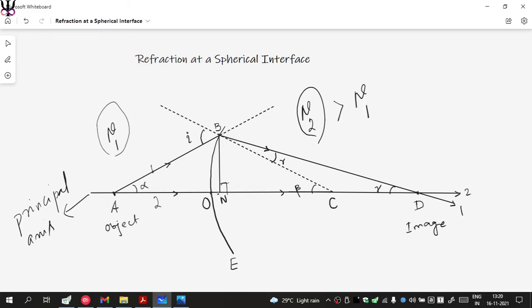That means N will also move closer to O. Eventually at very small distance, BO is going to be the same as BN. So when we derive our expressions for the right angle triangle, where the right angled vertex is at N, we can easily approximate that N is the same as O, and then we can generalize our expression.